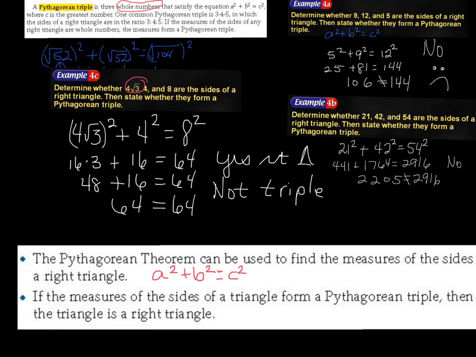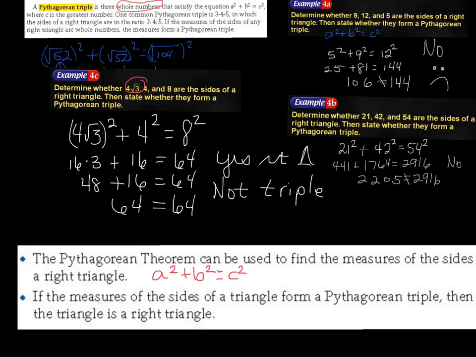In summary, the Pythagorean theorem can be used to find the measures of the sides of a right triangle, and if the measures of the sides of a triangle form a Pythagorean triple, then the triangle is a right triangle. Just found a mistake in the book, because we just said that this guy makes a right triangle even though it is not a triple.